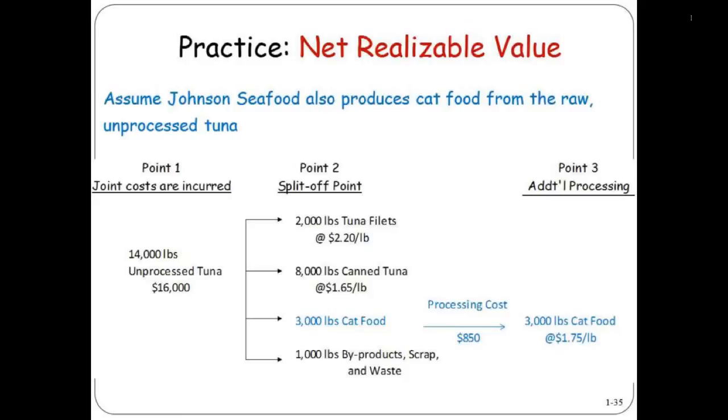If you invest another $850 into those 3,000 pounds, and then you can sell that cat food for $1.75 a pound. I find it interesting that you can sell the cat food for more than you can sell the Bumble Bee, but that's the example. Okay? Which method will we use here? The net realizable method.